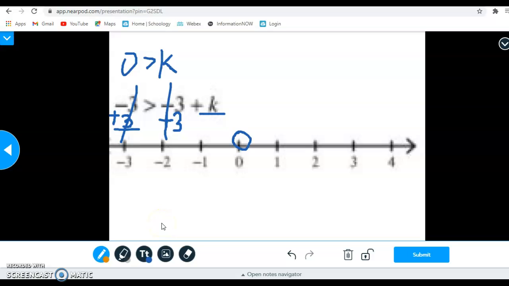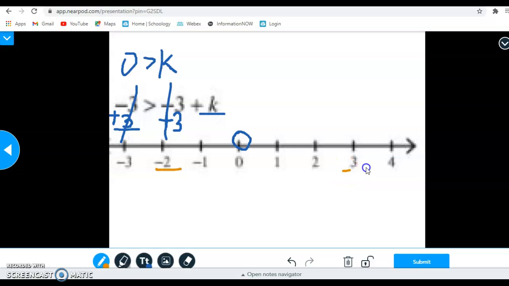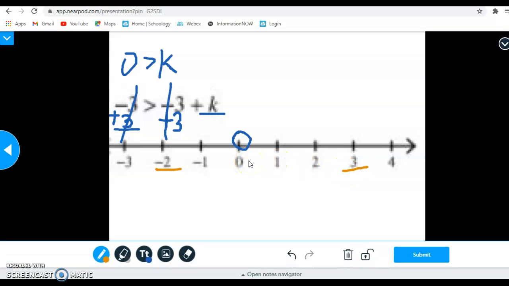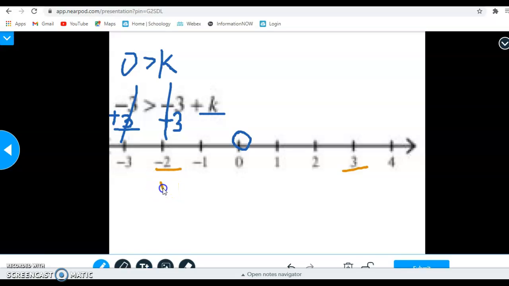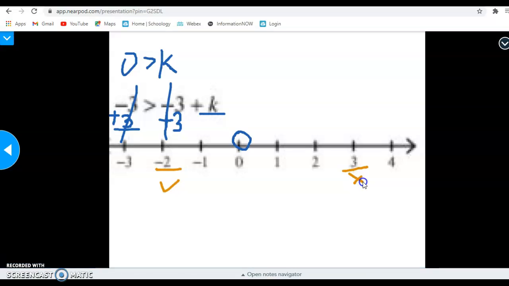So what we're trying to figure out, I'm going to use 2 test points, is if 0 is greater than k, what can k be? If 0 is greater than k. So is 0 greater than -2? Yes, 0 is greater than -2. Is 0 greater than 3? No, 0 is not greater than 3.